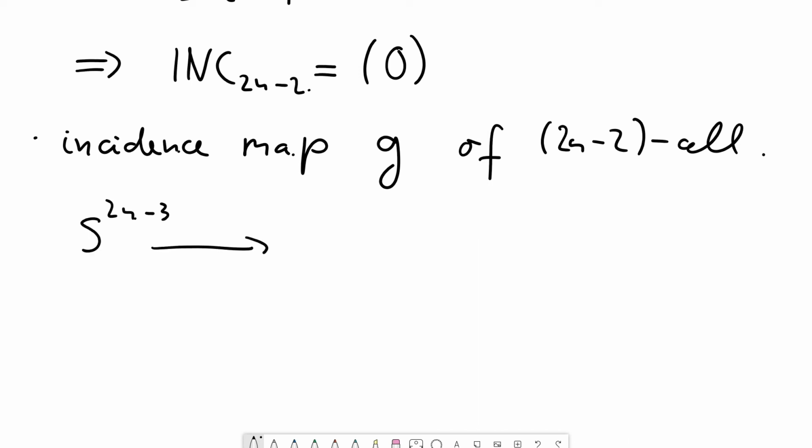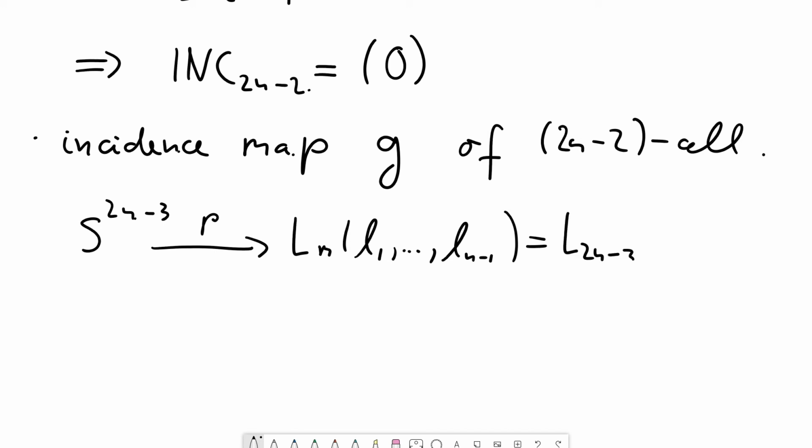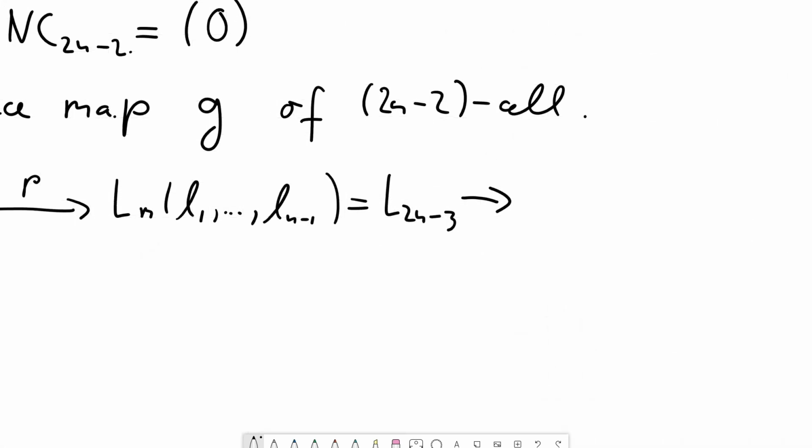Namely, the first one is just the covering projection going to the earlier lens space, the one with n minus 1 integers, which is just the 2n minus 3 skeleton of our lens space. And now, for the incidence map, I need to collapse the complement of the only open 2n minus 3-dimensional cell.